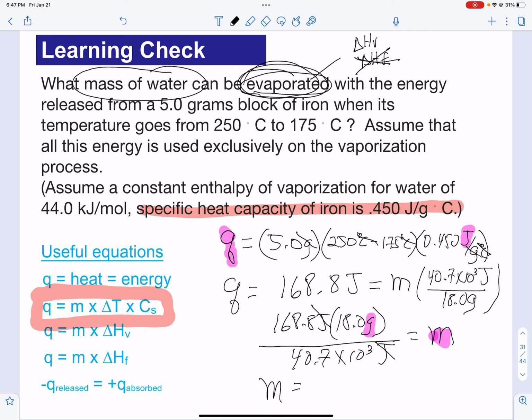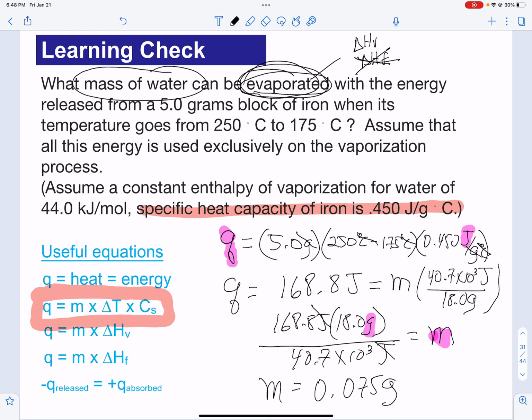Mass will equal 168.8 times 18 divided by 40,700, which is going to be 0.075 grams. So that's how much water you can evaporate by a change in temperature of 75 degrees on the block.